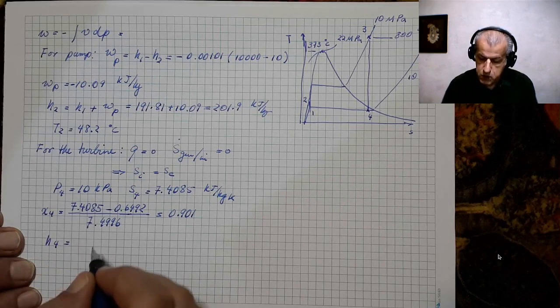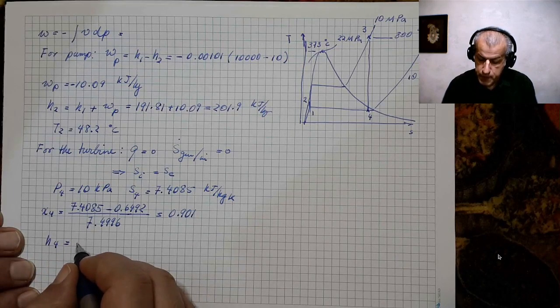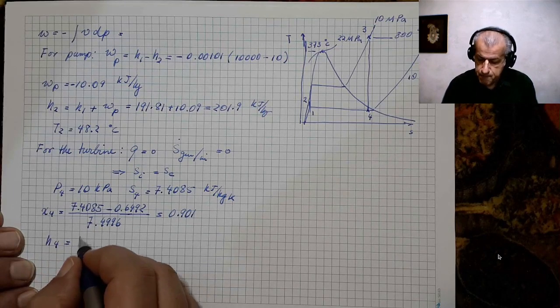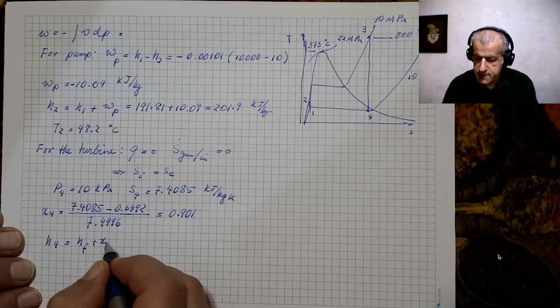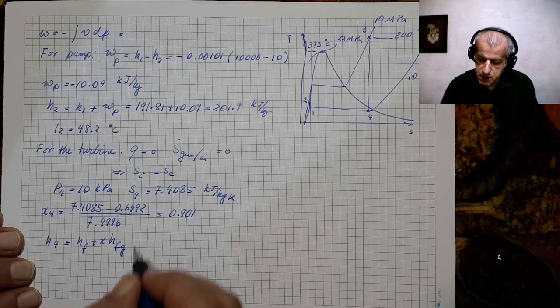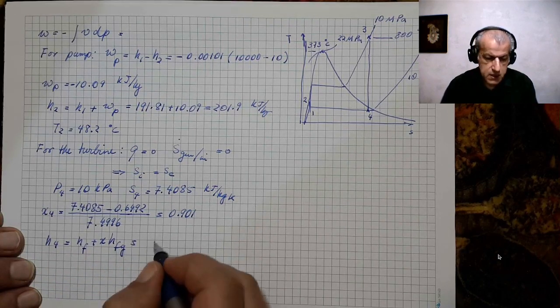H4 equals HF plus X HFG. We have all the values.